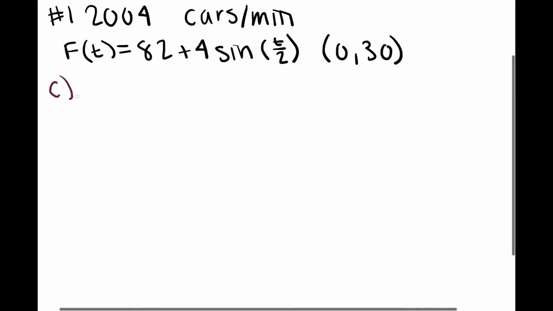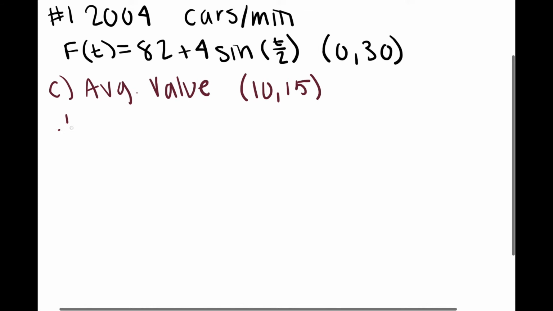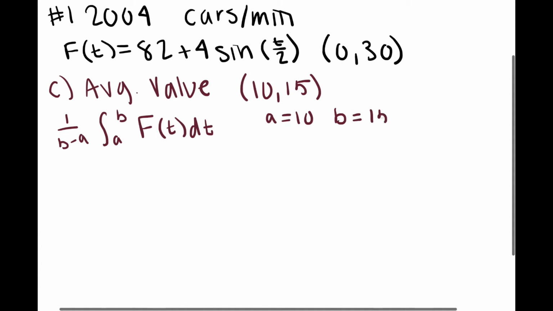Part C, it asks for the average value of the traffic flow over the time interval 10 to 15 and indicate the units of measure. The formula for the average value is 1 over b minus a times the integral from a to b of the function. Now in this case, a will equal 10 and b will equal 15.